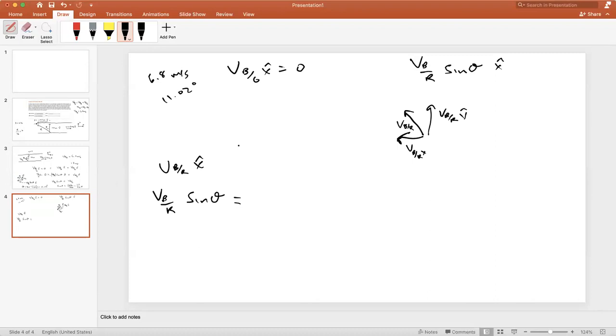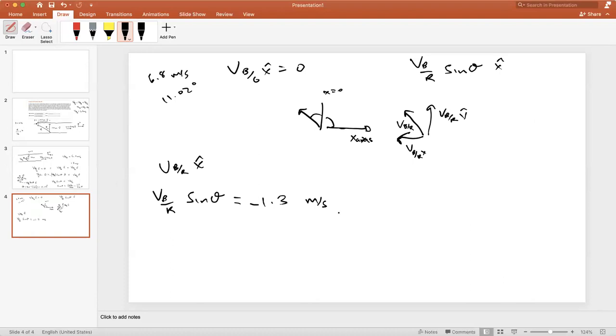So 6.8 times sine of 11.02 is 1.3, essentially, meters per second in the negative direction. Why is it negative? Because when we look at our picture, we're taking the angle, this is x equal to 0. So we're really off the x-axis.